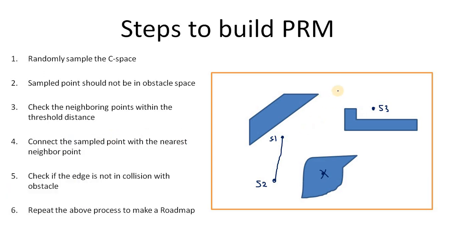Let's take another sample. This time we take S4. We ask which one is the nearest point to S4, and we have S3. We connect it, and there is no collision here, so we have connected it to the nearest point. We take another sample here.